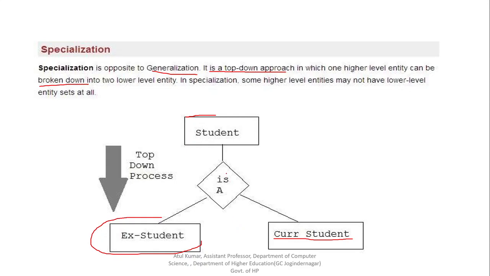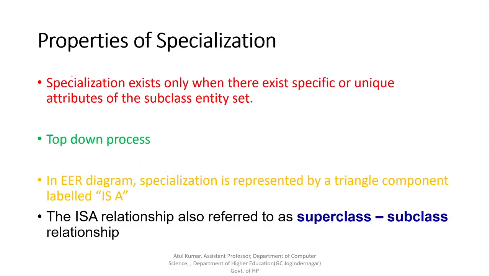In this case we also have a diamond shape, and inside the diamond shape we have a representation, and this is the representation of specialization. It also follows a top down approach. The different properties of specialization include: it exists only when there are specific or unique attributes of the subclass entity set.